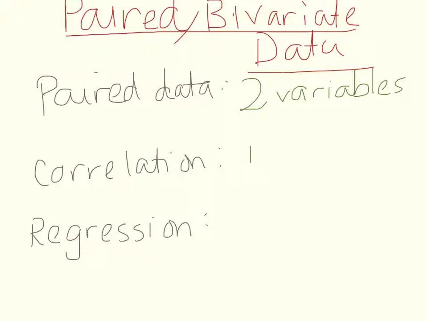Okay, and we often use the R value, and a high correlation has an R value close to -1 or +1. So correlation is to do with the strength of the relationship, and it's measured by the R value.